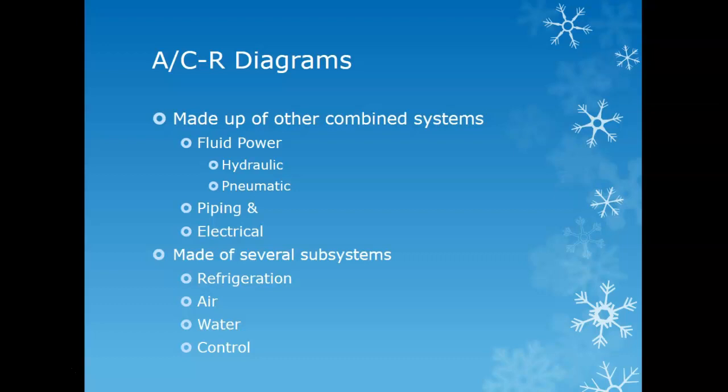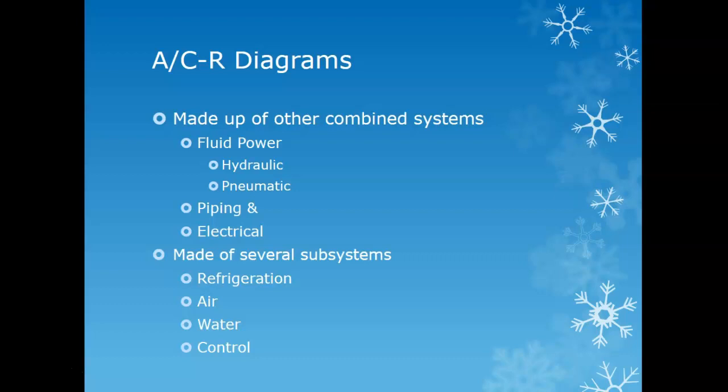ACR diagrams. So essentially you have all three types of diagrams that we have talked about previously, typically stacked in ACR. All right, truly think about the air conditioning, refrigeration in your house, right? If you don't know where the electrical is, let me introduce you to the thermostat, right?